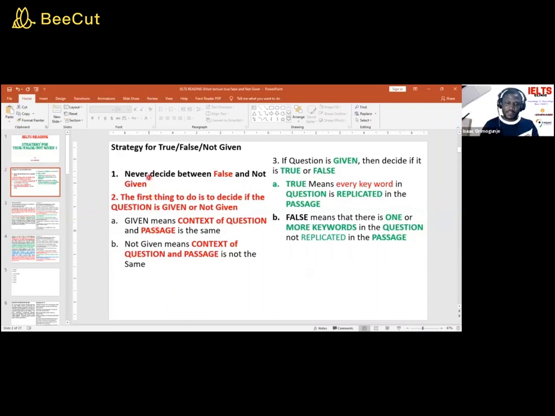The first thing is never let IELTS true, false, not given take you to a stage where you start to decide: is it true, is it false, or is it not given? With that, you have a 50% chance of getting it and a 50% chance of failing the question.